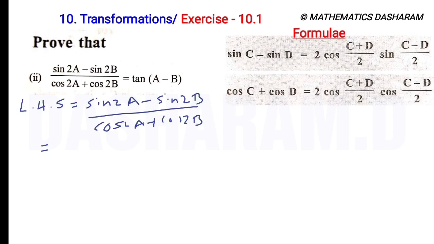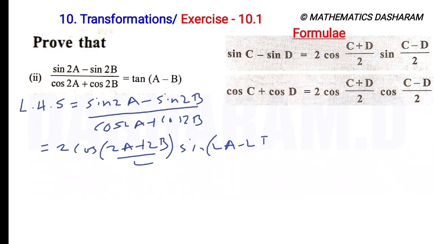So apply the formula for the numerator, and here is the formula for the denominator. So sin 2a - sin 2b equals 2 cos((c + d)/2) into sin((c - d)/2), that means 2 cos((2a + 2b)/2) into sin((2a - 2b)/2).